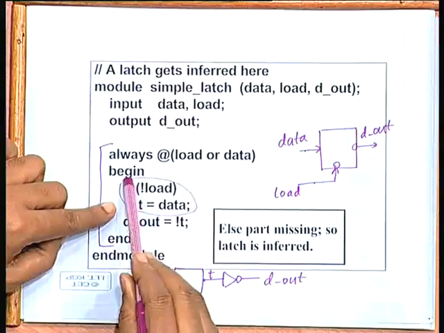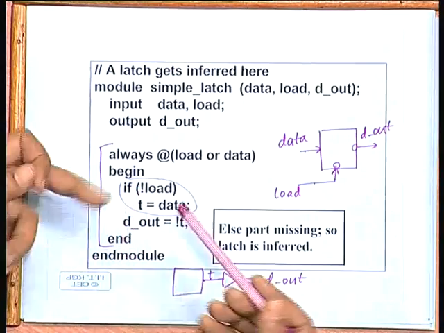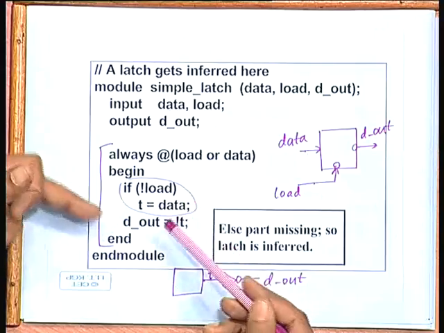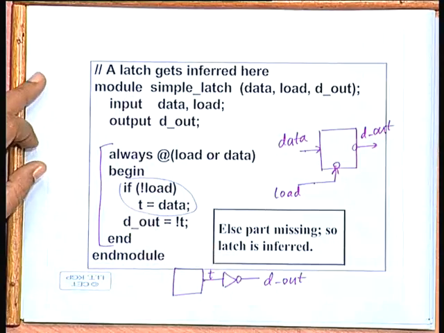So, it will be a pure combinational logic. There is no concept of remembering the old value. So, if you have an incompletely specified if statement, it can be a case statement also, we will see these examples later in more detail, then we will infer a latch.